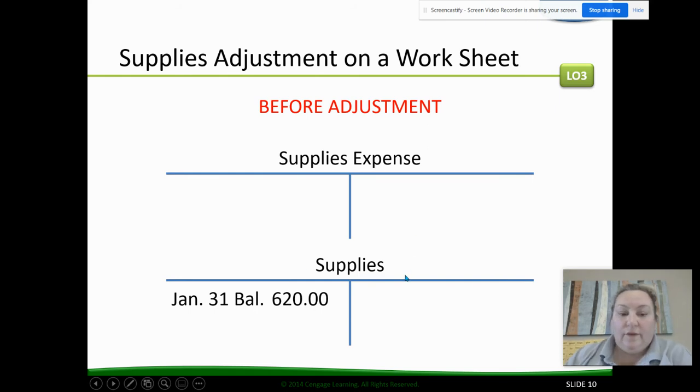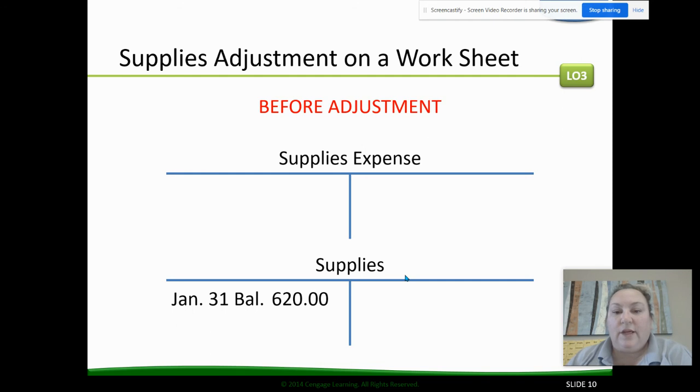So we're going to start every single month with a certain amount of supplies. And remember, supplies are things like pencils, pens, cash register tape, toilet paper, staples, staplers, printer paper, that kind of stuff. So we are going to start the year or the month with a certain amount, but at the end of the month, we should have used some of that.